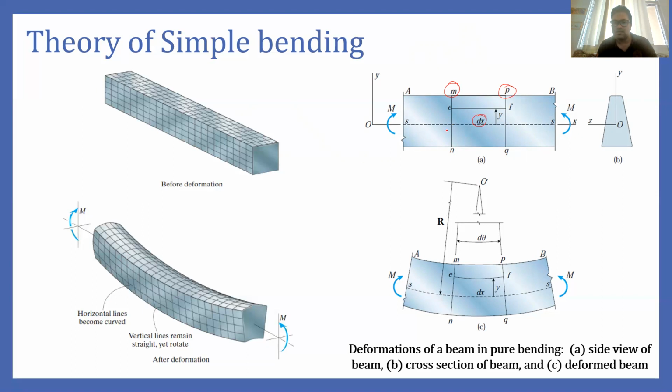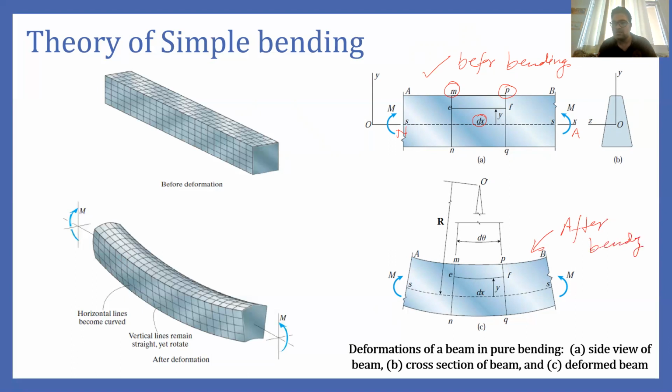This dotted line is showing the neutral axis, which is passing through the centroid of the beam. In this first diagram is the section of the beam before bending, and this second diagram is after bending.